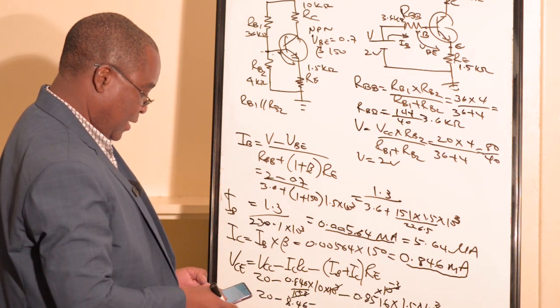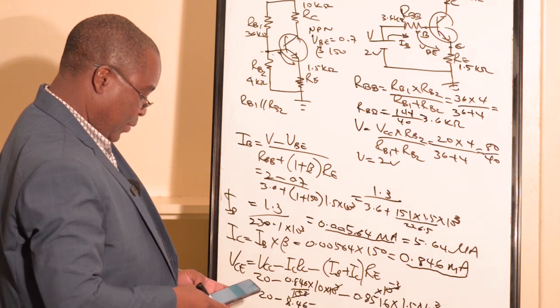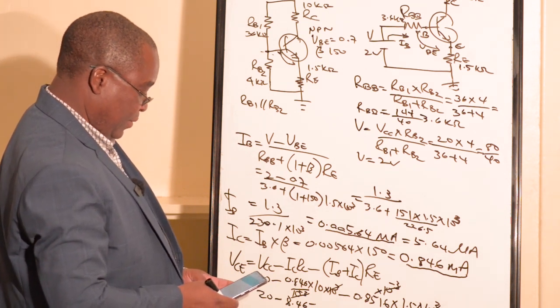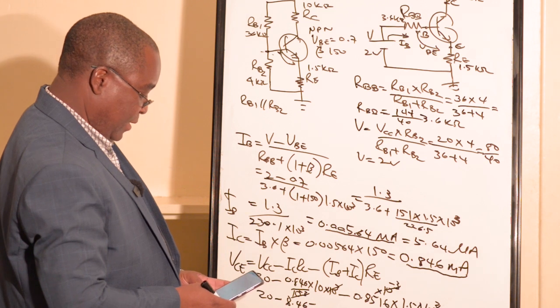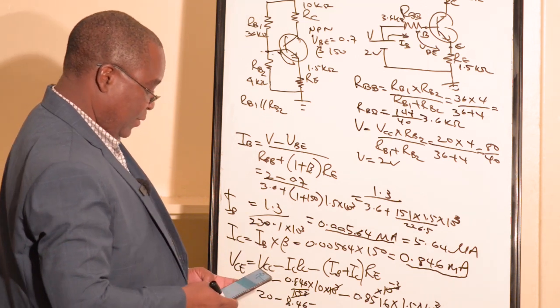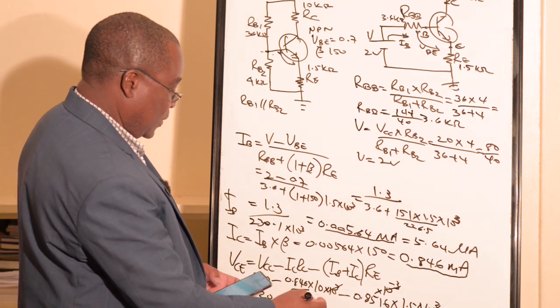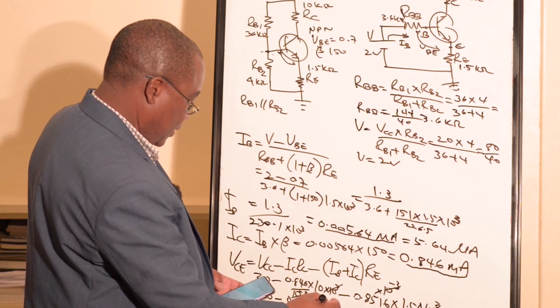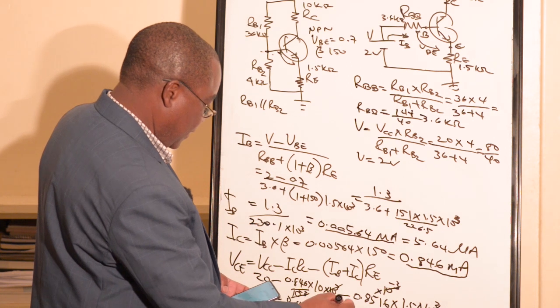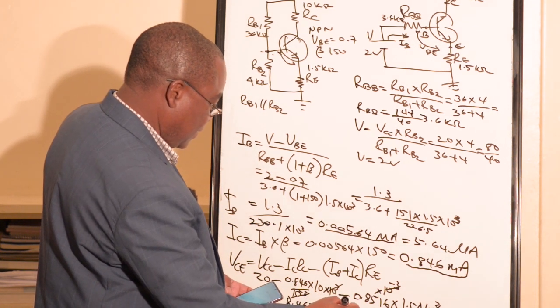It's another algebra. I'll take a calculator. 0.8516 times 1.5 is equal to 1.2774.